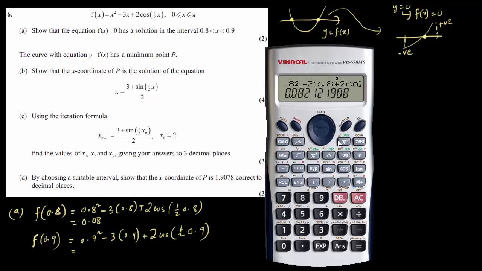So this turns out to be 0.9 squared minus 3 into 0.9 plus 2 cos(0.9 by 2 is 0.45), which is minus 0.089. So we have a positive value and a negative value. So it is more or less like this. It is cutting the x-axis.